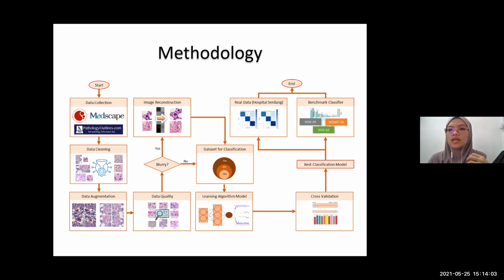Examples are VGG19, VGG16 and ResNet50. We train these models using our data set, and then predict again using the same real data from Hospital Serdang, and compare the output from the developed model with the benchmark classifiers.